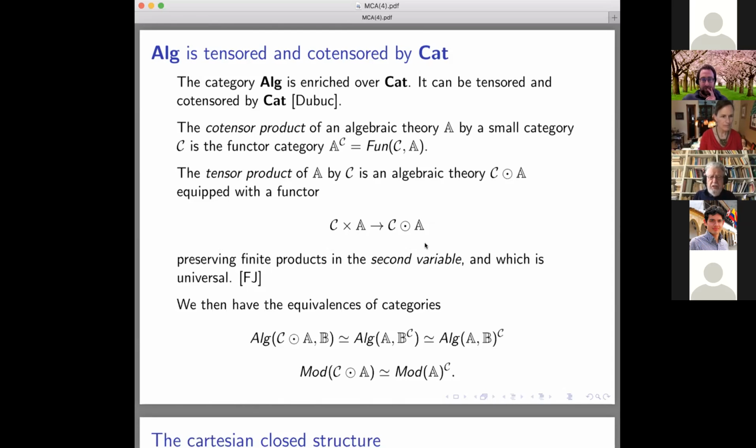They are just the models of A to the C. In other words, they are diagrams of models of A. That tells you what C tensor A is, because if you know the models of an algebraic theory, you essentially know what the algebraic theory is. This formula tells you what C tensor A does. It is the theory whose models are the C-indexed diagrams of models of A.